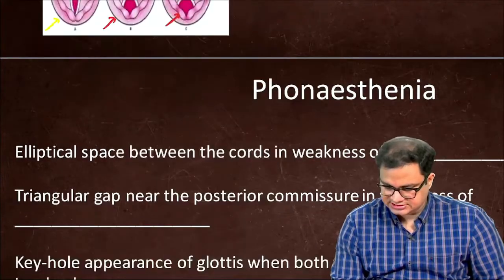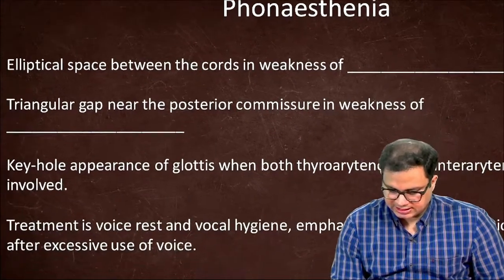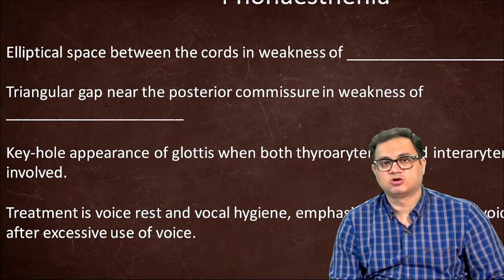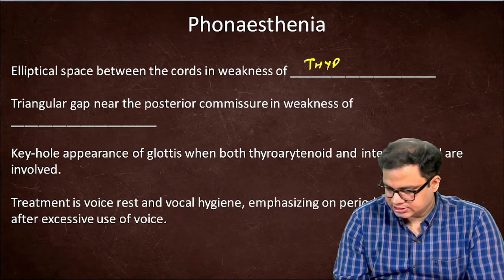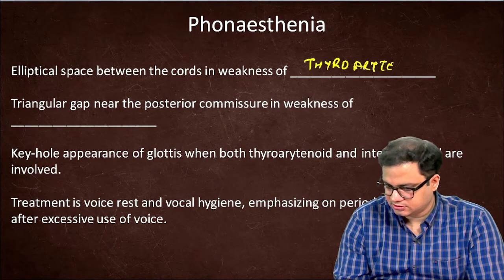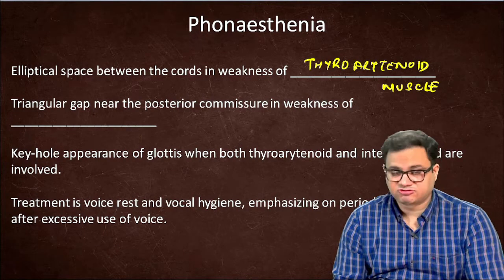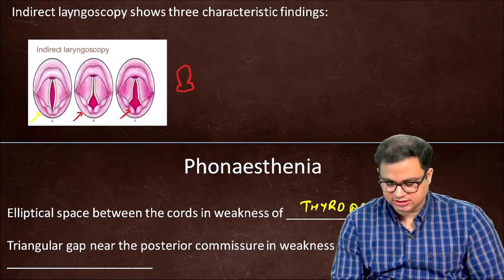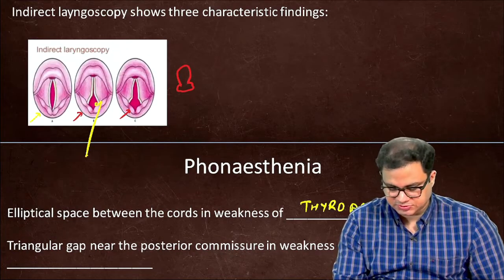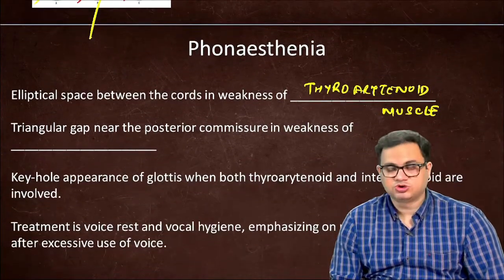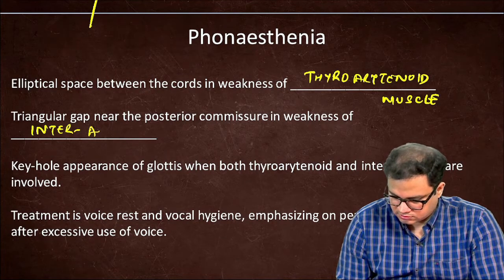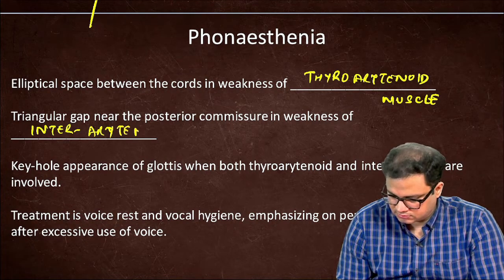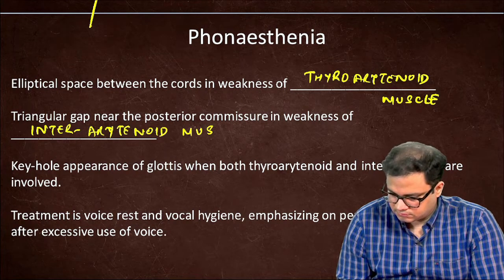So in phonesthenia, write down beta, the elliptical space between the cords is seen in the weakness of the thyroarytenoid muscle, whereas the triangular space in the posterior commissure is because of the weakness of the interarytenoid muscle.